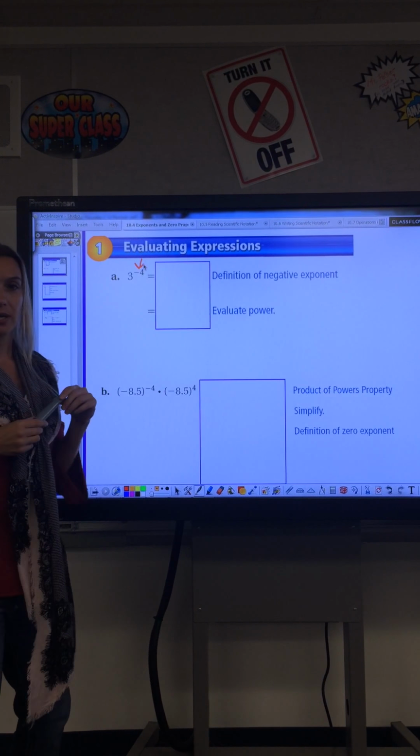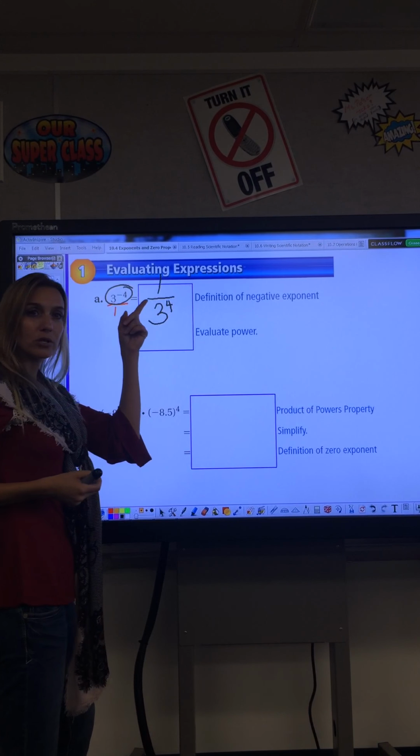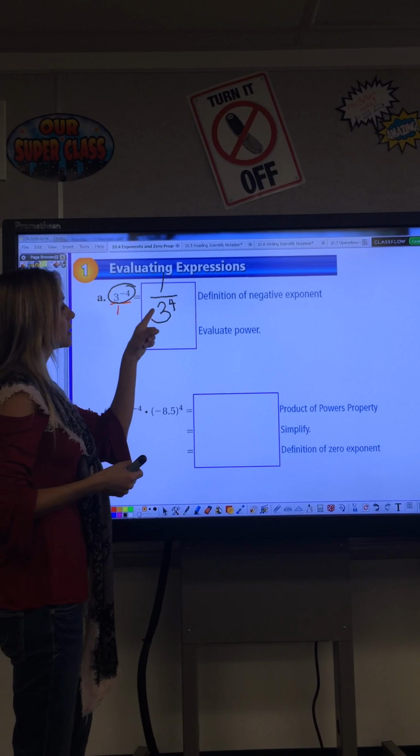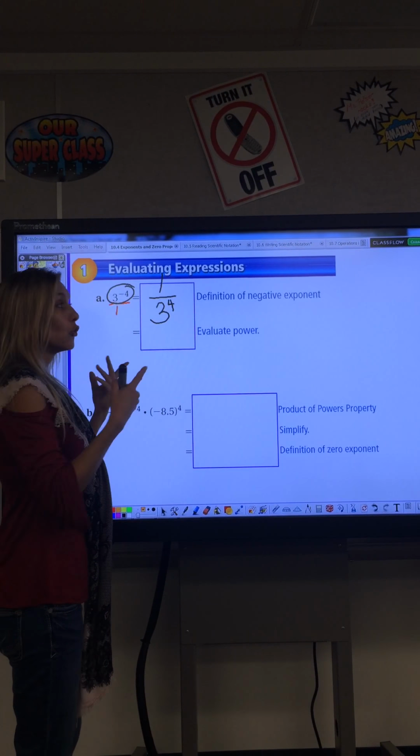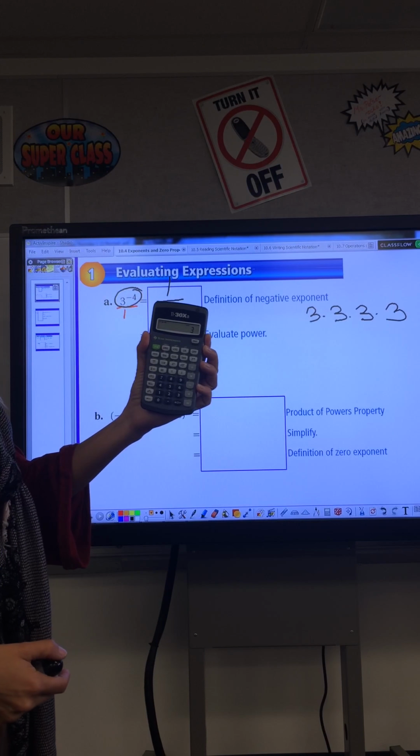Now if it said you have to evaluate it, well, let's evaluate it. How many times is the 3 multiplying itself? 4 times, so you have 3 times 3 times 3 times 3. If you are allowed, please use the calculator when it comes to 4th powers. How to do it? Again, we have the number 3, that's our base.